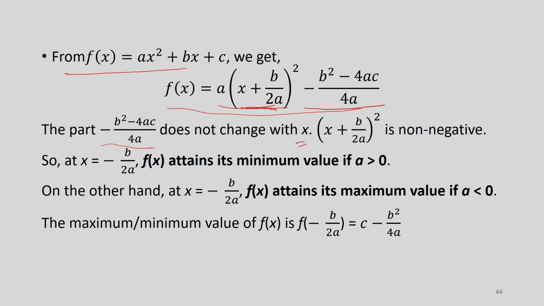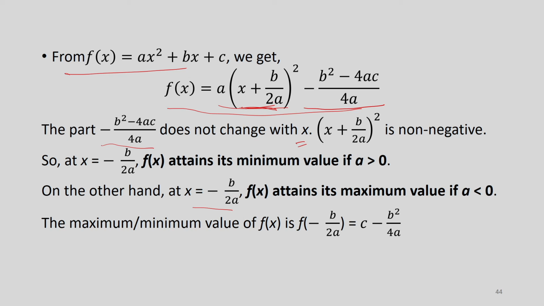On the other hand, if you have x is equal to minus b by 2 a and a to be negative, then this entire term is negative, but if x is equal to minus b by 2 a, then the first part vanishes.